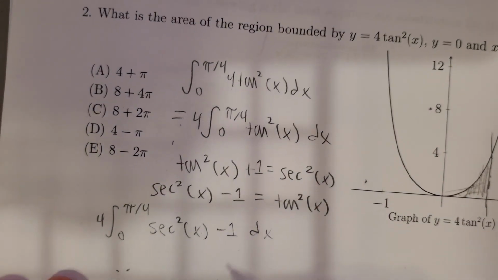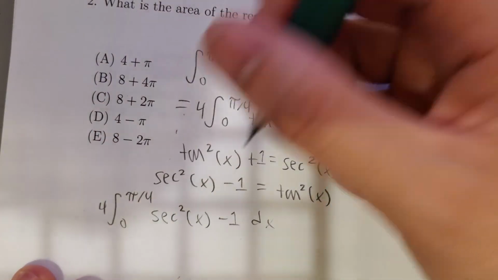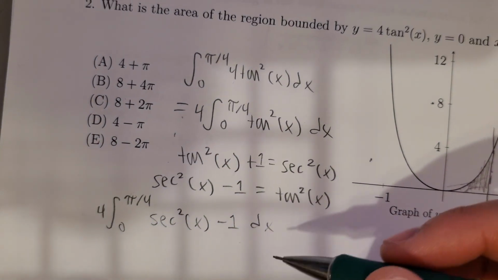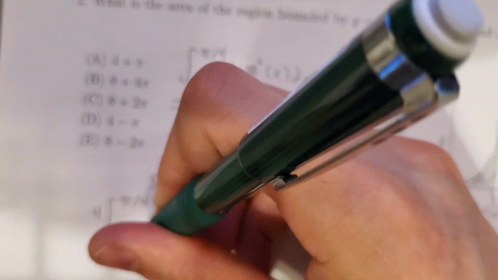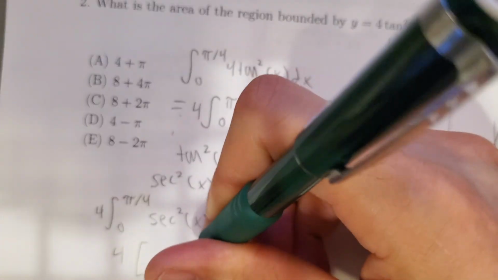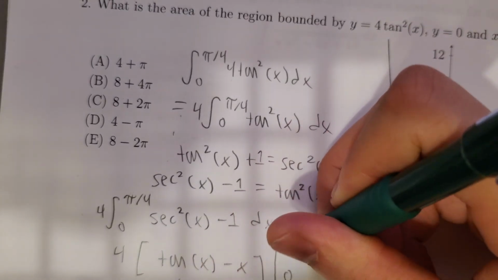And we know that the integral of secant squared x is equal to tangent x, and the integral of 1 is just x. So this evaluates to 4 times tangent x minus x from 0 to pi over 4.